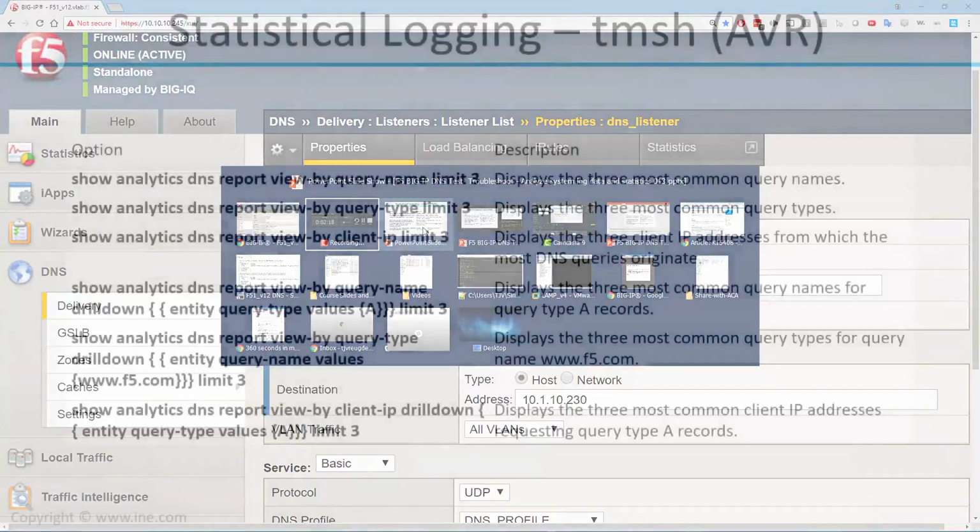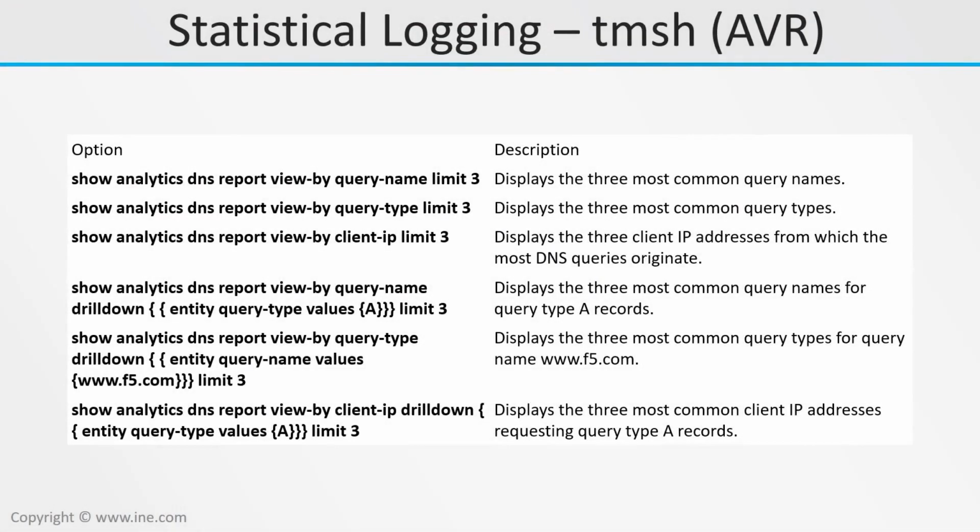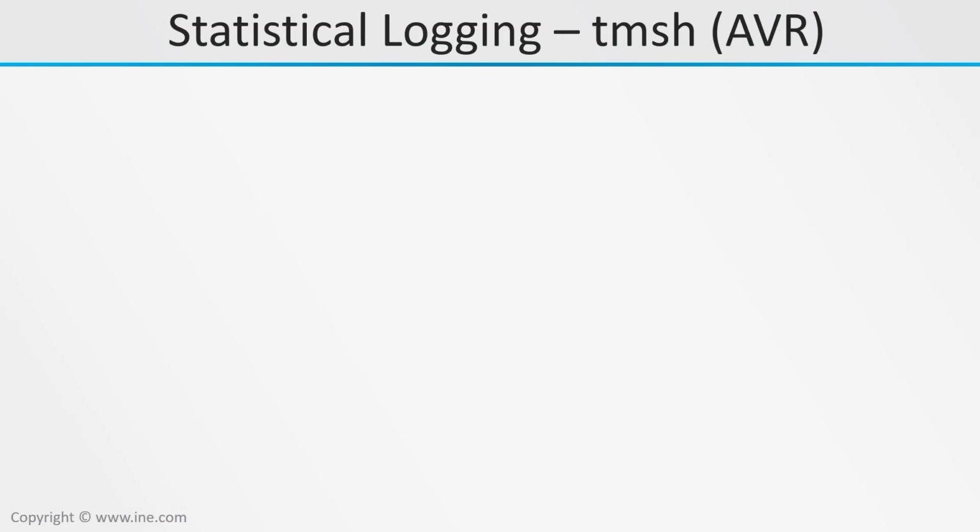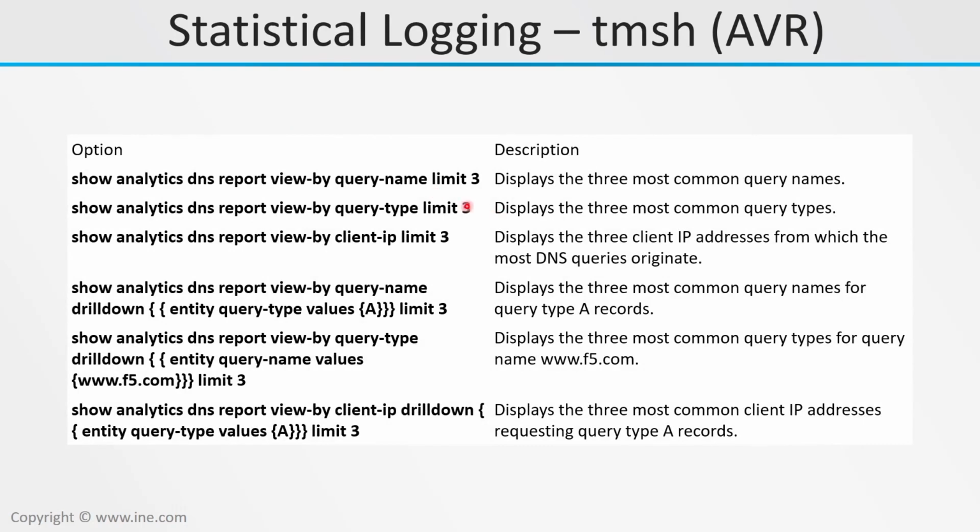So you can also look at the AVR graph data via the GUI, or you can run specific TMSH commands to look at this data. Alright, so we can do things like identify the 3 most common query names, query types, the 3 client IP addresses from the most DNS queries, where the most DNS queries originate, 3 common query names for A records.